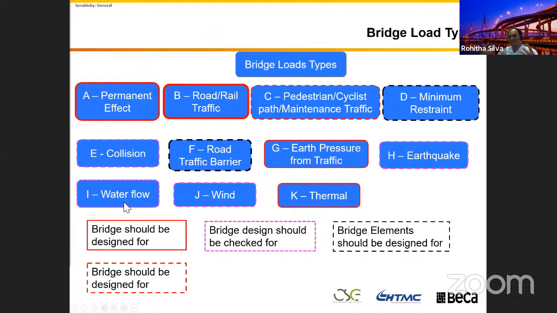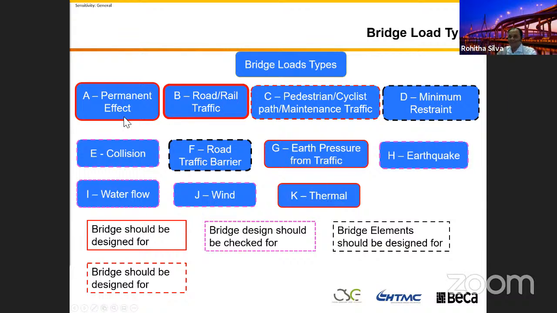For the water flow, what we consider is the flood event, an extreme event, 1 in 100 year, 1 in 2000 year, but it all depends on the road agencies and the countries what sort of return interval we're going to use. But we are in extreme events. The wind is exactly the same. But thermal is happening all the time.